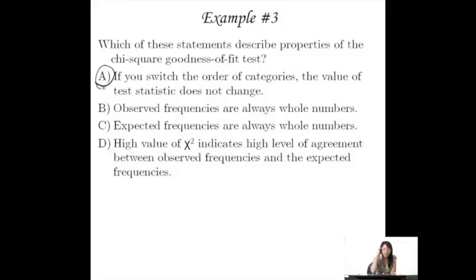That's a true property. Observed frequencies are always whole numbers. That's also actually true, because when you observe the frequency, you're actually counting how many category members you have. So counting is going to be made up of whole numbers. Expected frequencies are always whole numbers. That is actually not true. Expected frequencies are predicted frequencies.